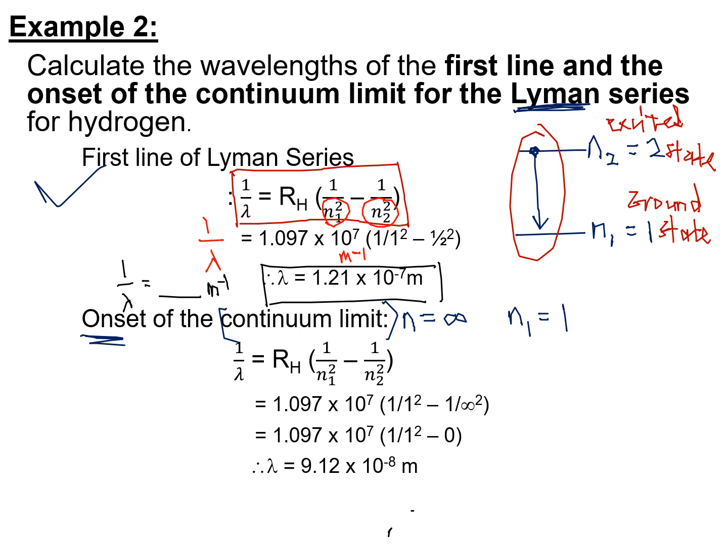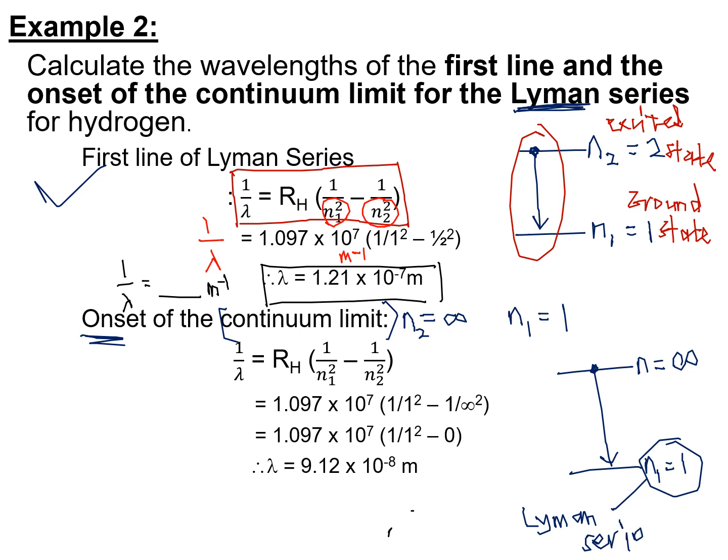So therefore continuum limit dia adalah dia punya excited state. Continuum limit ni ialah bila energy level n equals to infinity. Jatuhlah elektron dia daripada infinity, jatuh dekat ground state n1 equals to 1. Sebab kenapa? Sebab Lyman series.